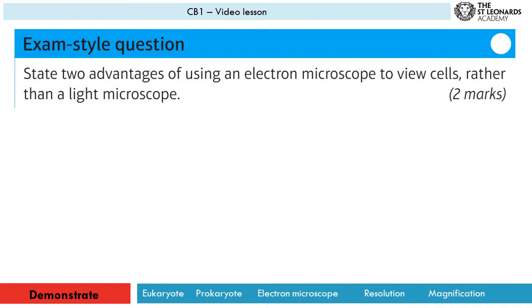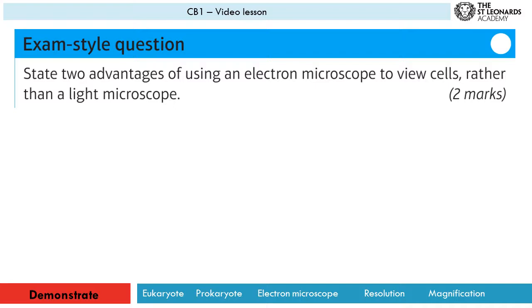You may get an exam question that looks something like this. State 2 advantages of using an electron microscope to view cells rather than a light microscope. This is a really nice question, and all it wants you to do is give a couple of the reasons discussed in this video about the benefits of electron microscopes over light microscopes. So you'd start by saying an advantage of an electron microscope is a much higher resolution image.